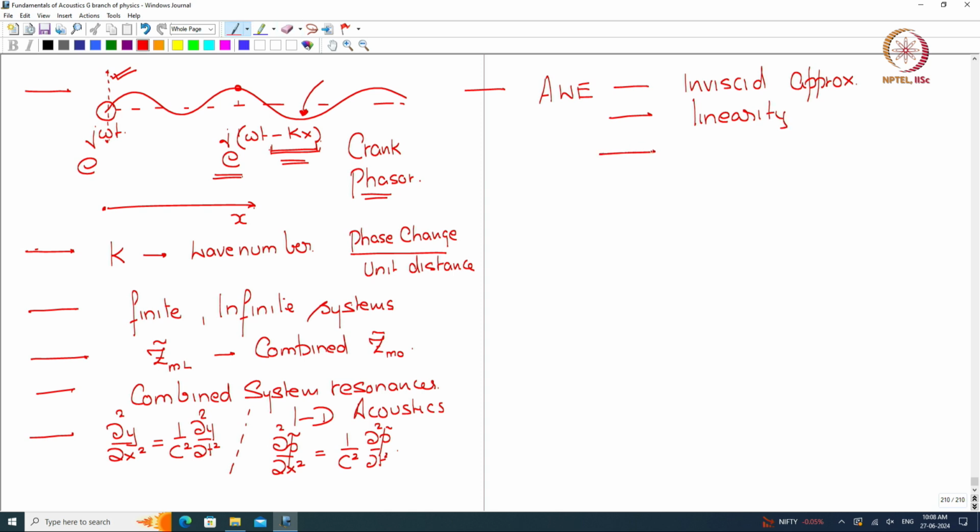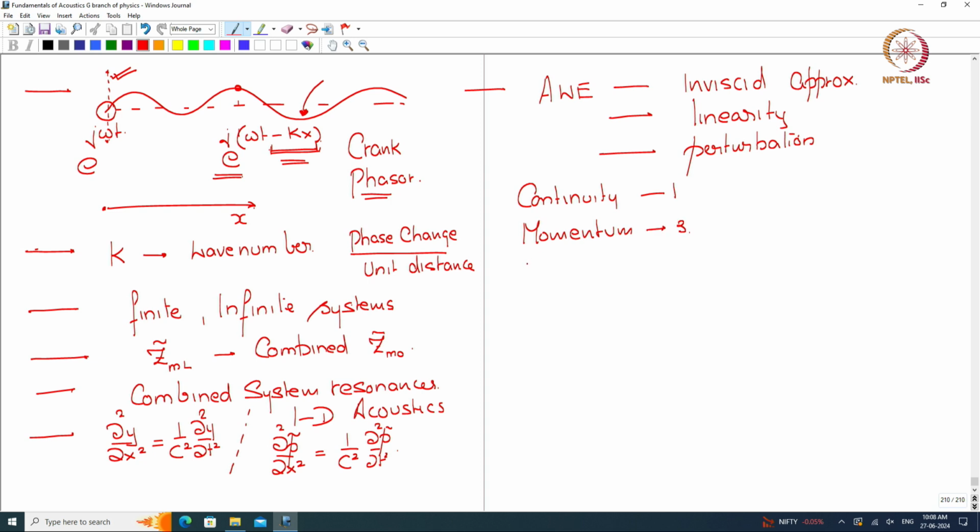Okay. And we used the perturbation and we used continuity, which is one equation. You use momentum, which is 3 equations.